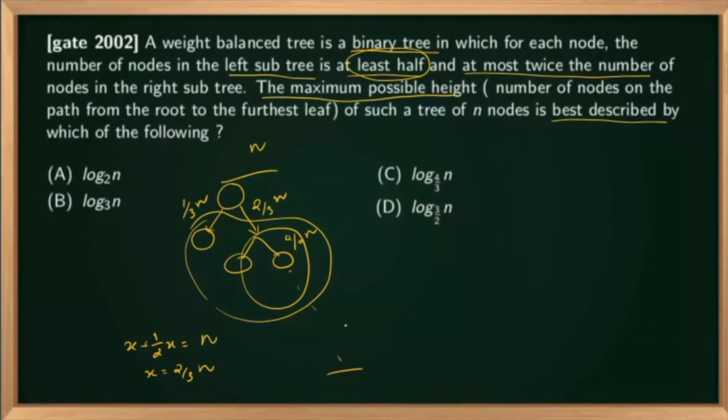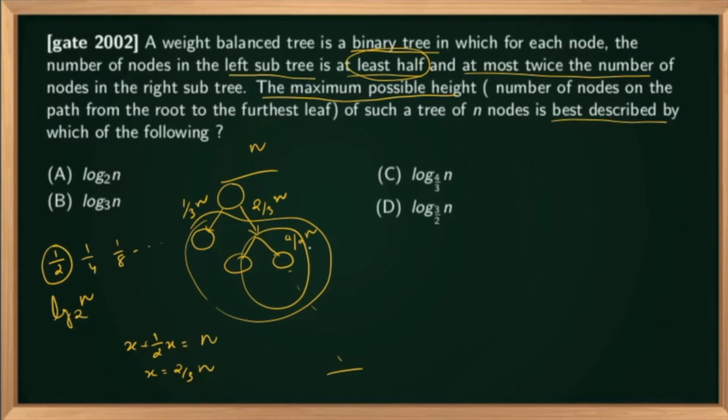So we know that if in every step n is divided by 1 by 2, 1 by 4, 1 by 8, like this, then the height will be log n to the base 2, where you just reverse the 1 by 2 to get 2. So that we already know.